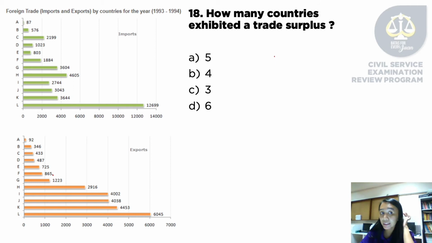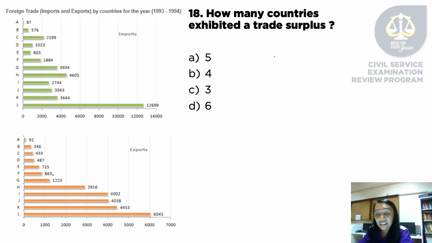This exhibits a trade surplus. 3,043 for imports, and for my exports I have 4,453. That is again a trade surplus. And for my last, I have 6,045, and my imports is 12,699. That is again a trade deficit.